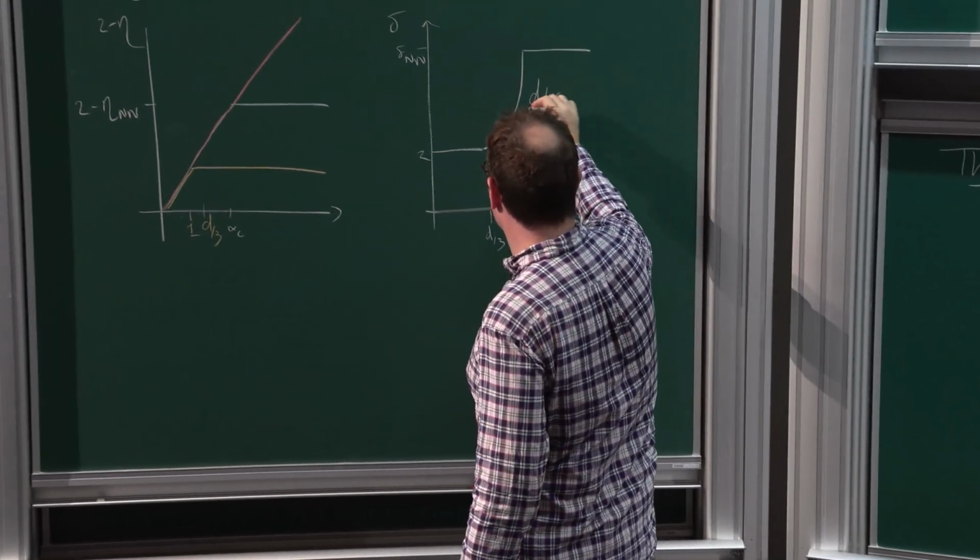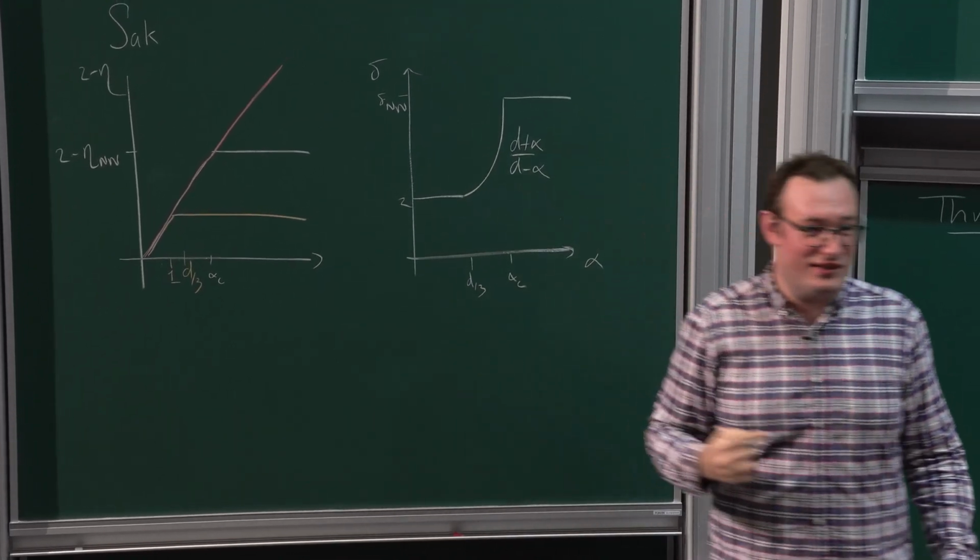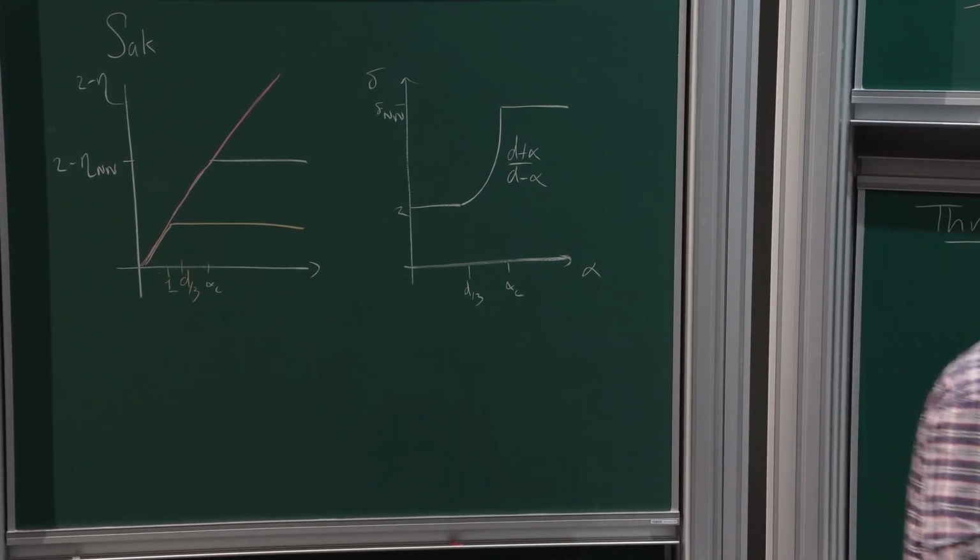Well, this is (d plus alpha) over (d minus alpha), and that's because delta is defined to be the reciprocal of the exponent here.